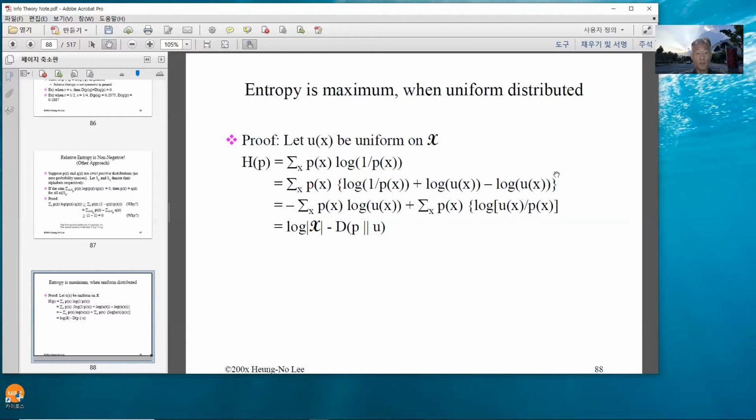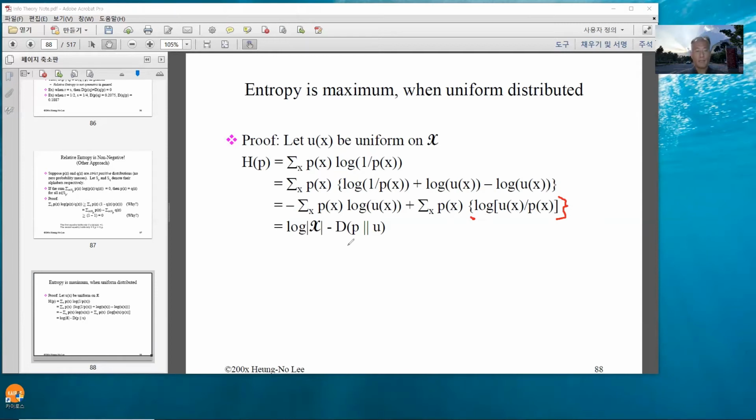I'm going to take this one in front, which is this one now, and then combine the two. So when I combine the two, it is log Ux over Px. Okay, I think I have some leftovers. So this one should be that, because of this part. So there are some typos. Okay, sorry about that.